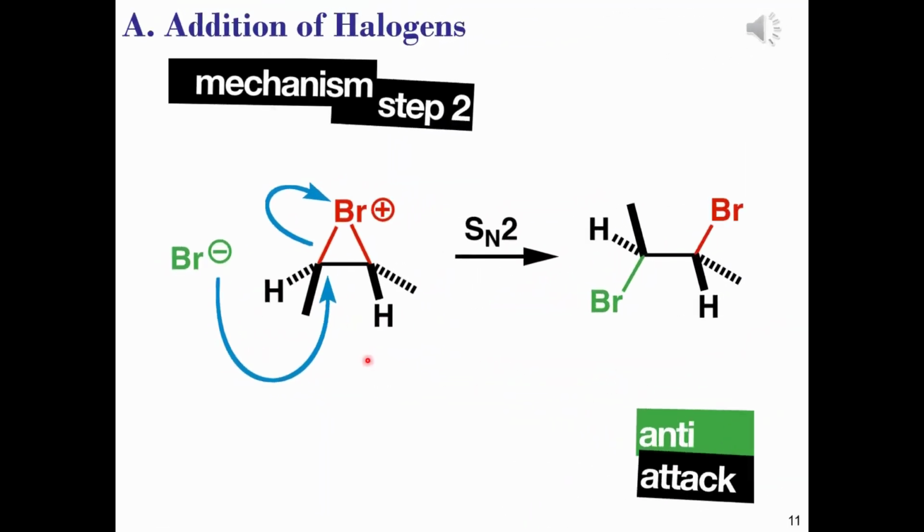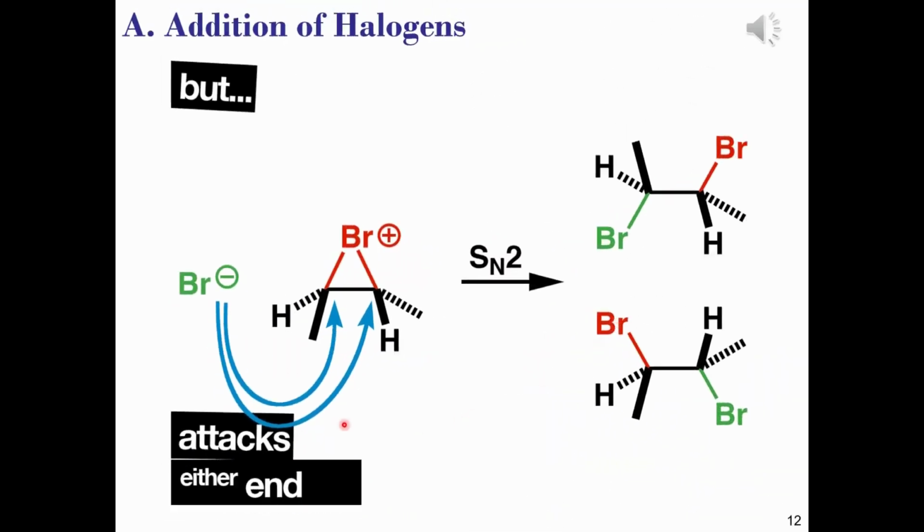As before, the bromide nucleophile will attack in an SN2 fashion, and that is from the backside. So we call this an anti-attack, as it will lead to the anti-addition products overall. And then just like before, that attack can be from either end of the bromonium intermediate. At the moment, you may be thinking, well, why are these in fact meso compounds?